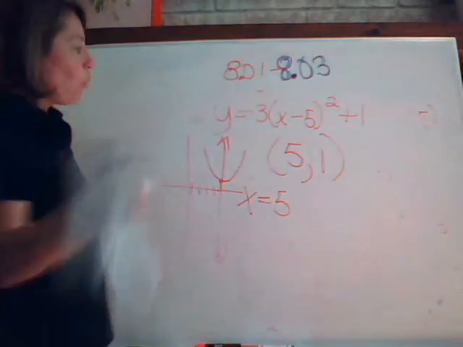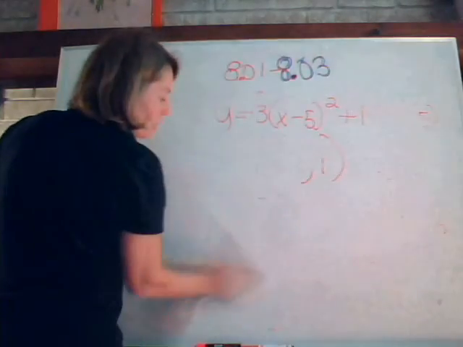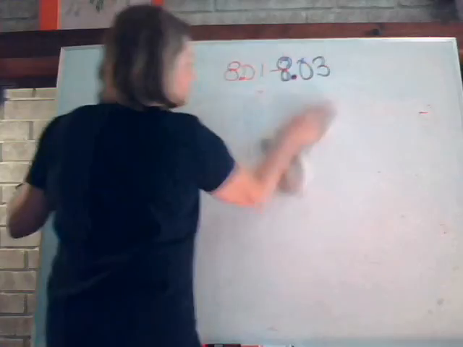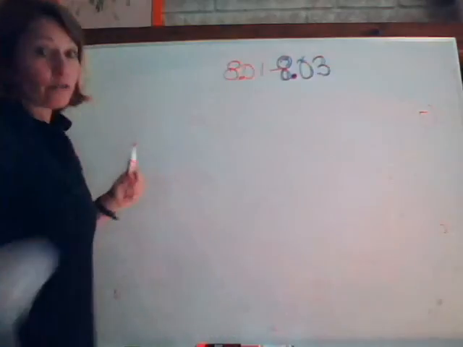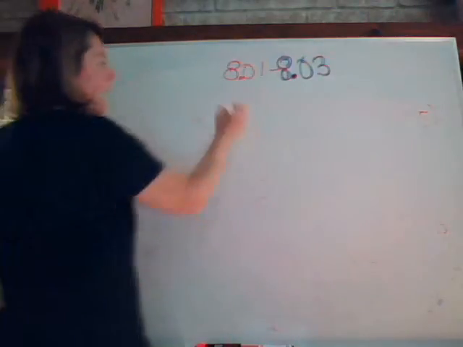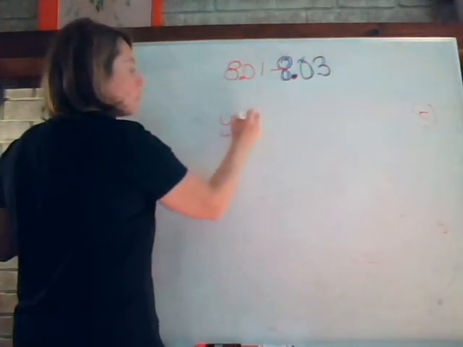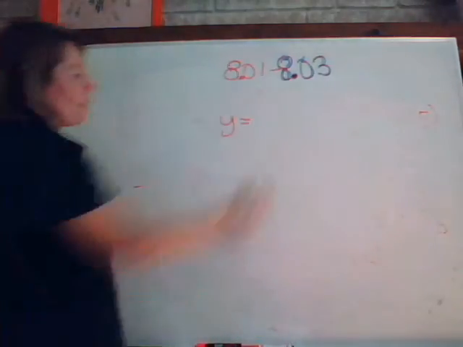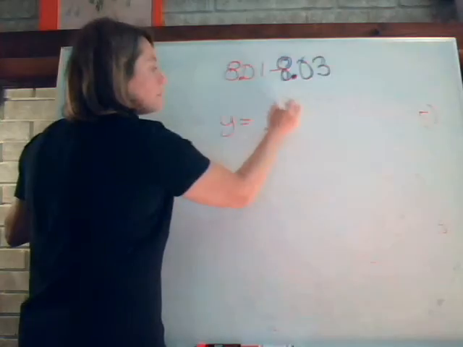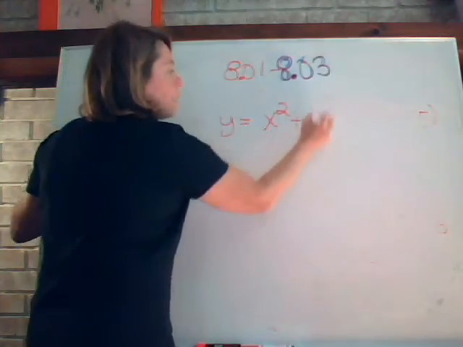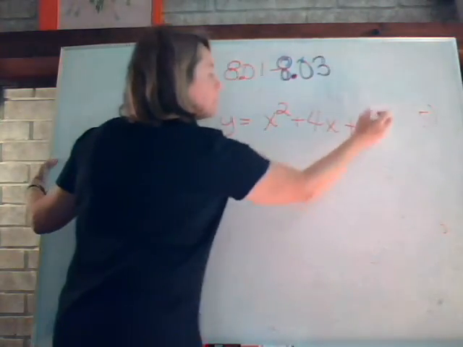Okay, what happens if I have an equation and I need to switch it from standard form to vertex form? I have to do one of those completing the square things. Okay, let's try that. x squared plus 4x plus 5.